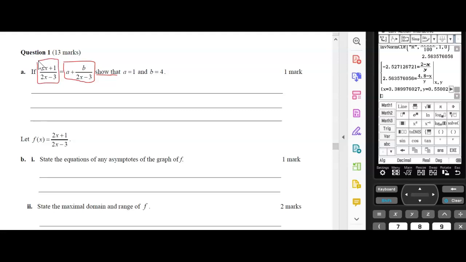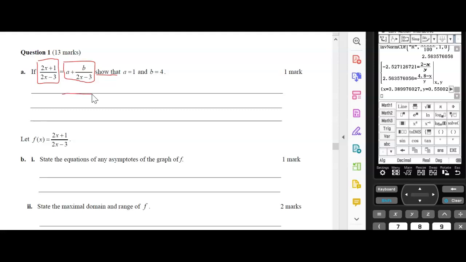I'm just going to deal with that first fraction and transpose it until we get it into the second form. I'm not going to let it equal and solve it, which is one way you can do it. Instead I'll show you how you can rearrange this first fraction. We've got (2x plus 1) over (2x minus 3).